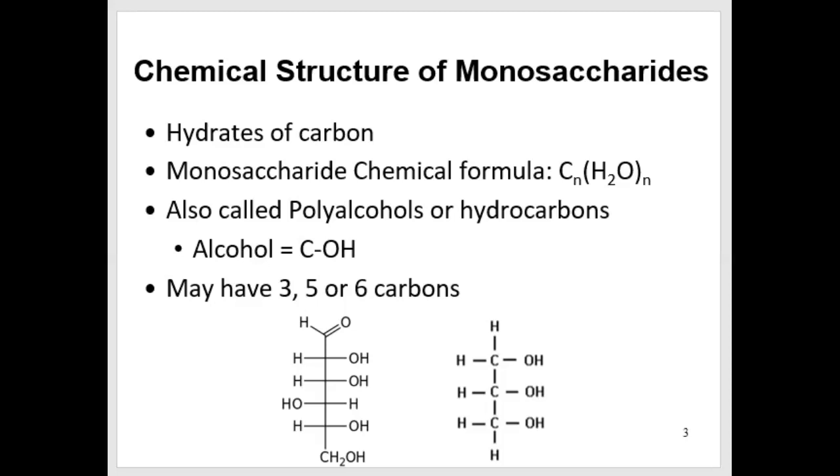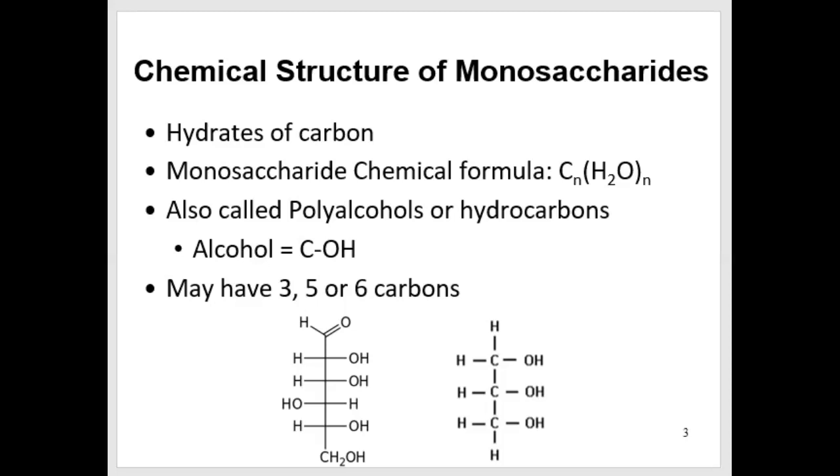The chemical structure on the left, the bottom of the slide, shows a monosaccharide with 6 carbons. And the diagram on the right shows a monosaccharide with 3 carbons. Now the one on the left is harder to decipher because they've kind of used organic techniques for drawing.